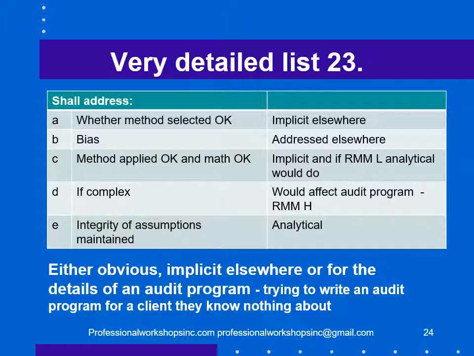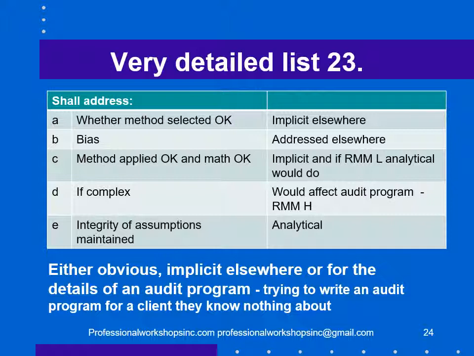If we are testing the accounting estimate of amortization, perhaps a very simple analytical procedure will do it, and we don't need to reperform all of management's math, which would take a long time and be very boring and might miss the forest for the trees.